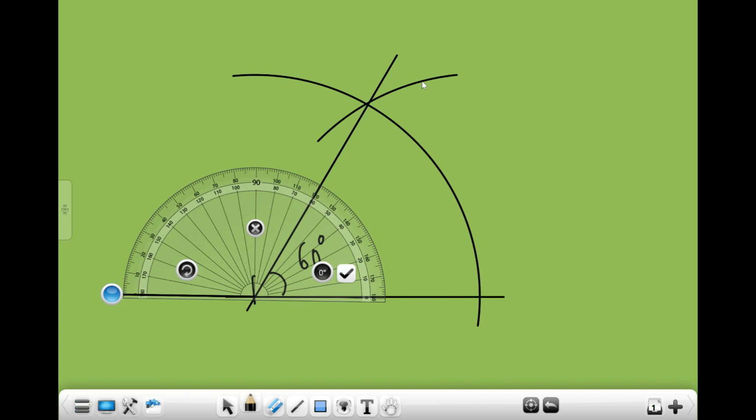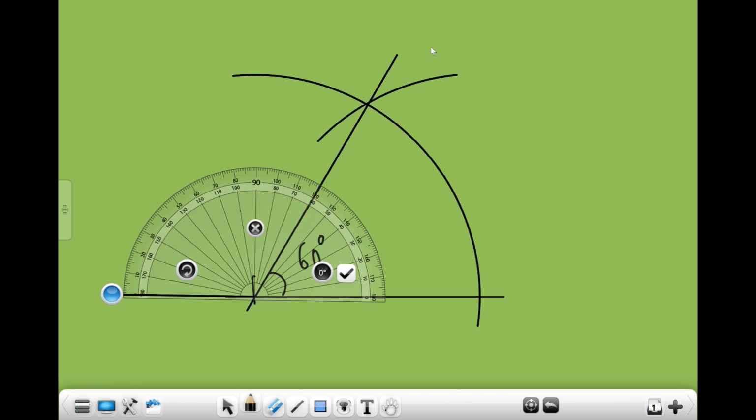Who is having problem? Can I see who is having problem? Okay, the rest, lower down your hand. Those who are having problem, raise up your hand. Lower down your hand, everyone. Okay. So, the one that is having problem, Irwin, Ismahani, Aina, you have problem?